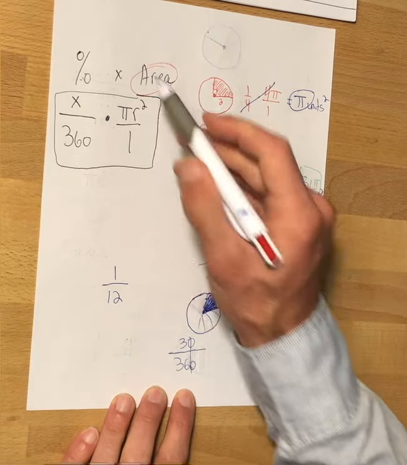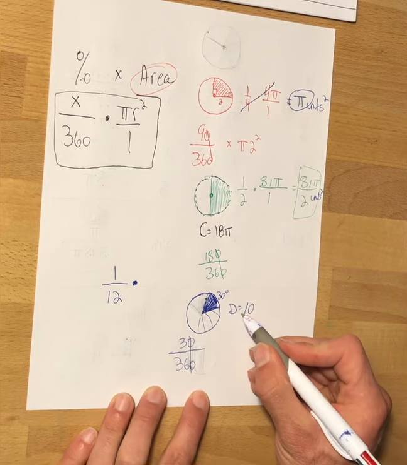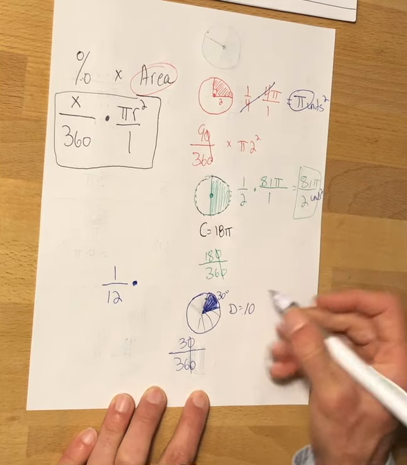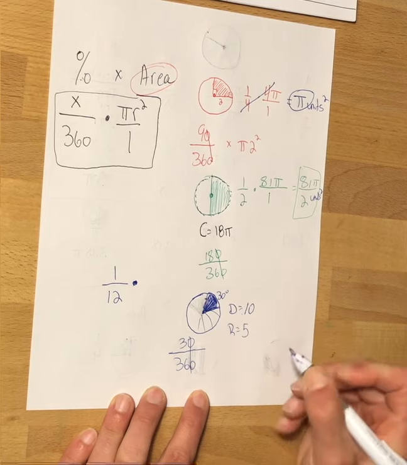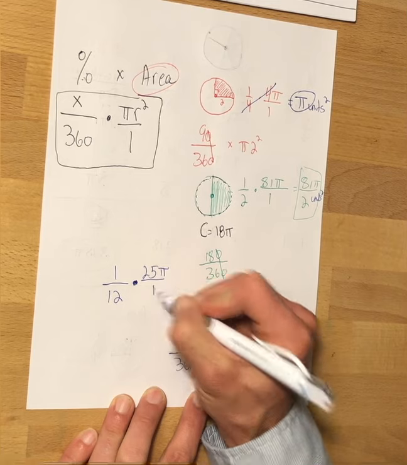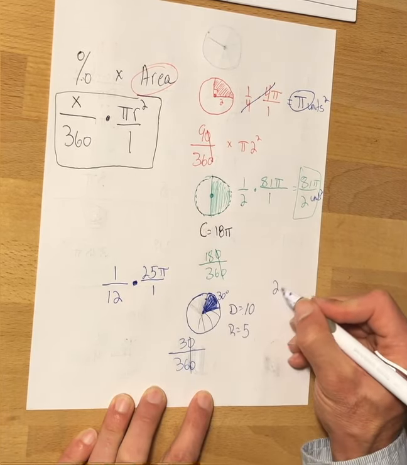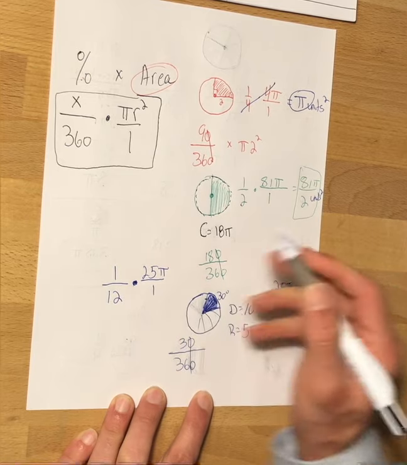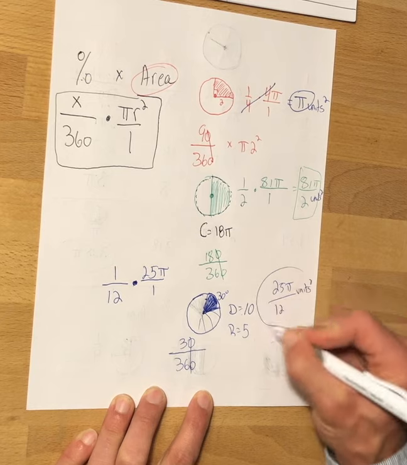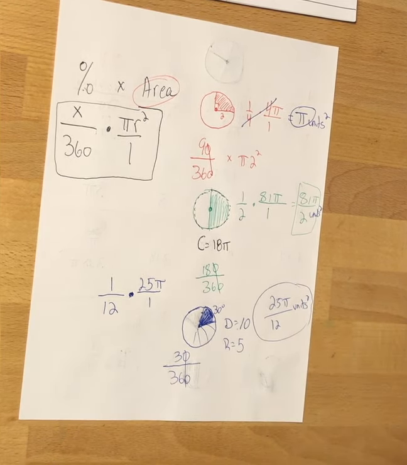That's your percentage times, if your diameter is 10, your radius is 5, and your area is 25 pi. Combine these. 1 times 25 pi is 25 pi. 12 times 1 is 12, and it does not reduce, units squared. There's the area of that sector.